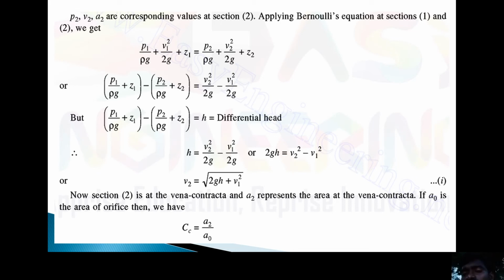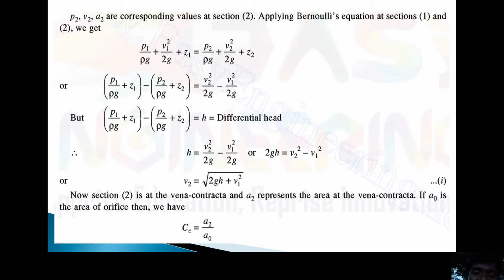P1, V1, Z1 belong to section 1, and P2, V2, Z2 belong to section 2. In this equation, Z1 and Z2 are different. In the discharge equation of the Venturi meter, Z1 and Z2 values were the same, but in this equation Z1 and Z2 are different.